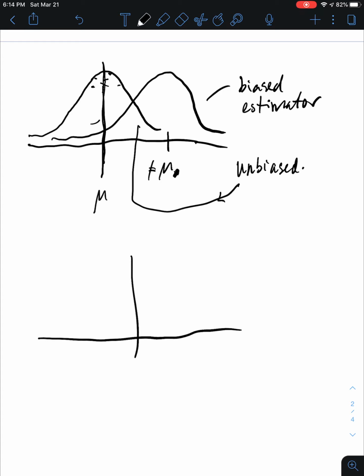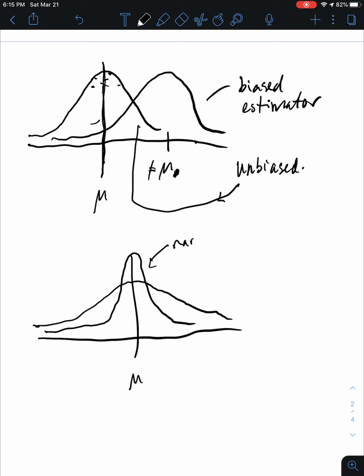Another one is, here's again, I'm going to put two estimators in. Here is one estimator for the mean, and here is another estimator for the mean. So this one is narrow. This one is wide.